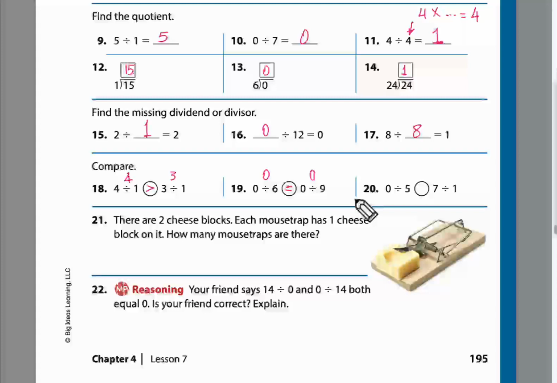Ahmed Al-Hajji? Okay, Ahmed, go ahead. 0 divided by 5 and 7 divided by 1.